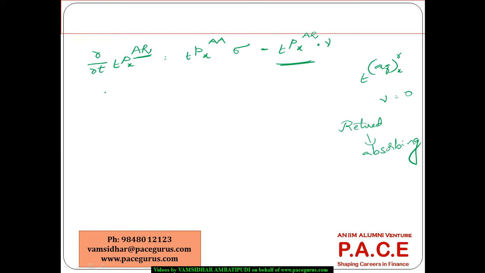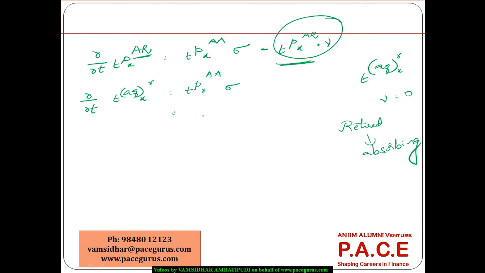So from here I can get T A Q X R. In this case, I can write dou by dou t of T A Q X R, where this part is not existing, so it comes out as T P X A A times sigma.